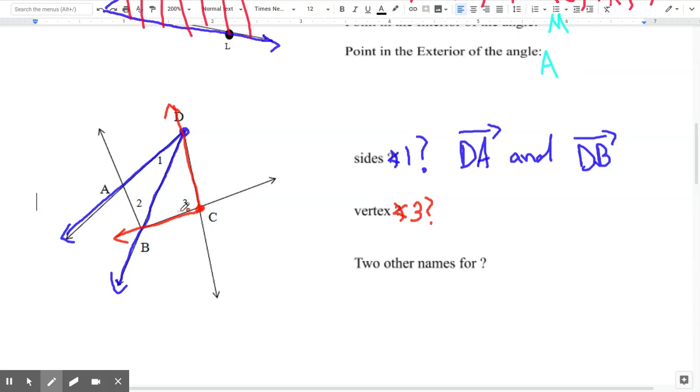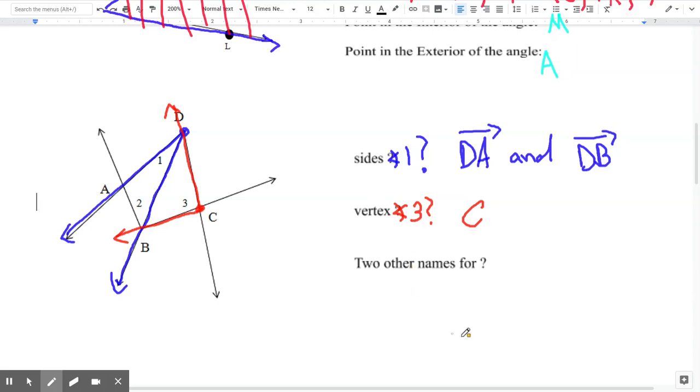We see that 3 is at the corner with point C. So C would be the corner of this angle. It would be the turning point where the two sides of the angle meet up. That is our vertex for this angle. To show a point, we just write the capital letter. So the vertex of angle 3 is point C.